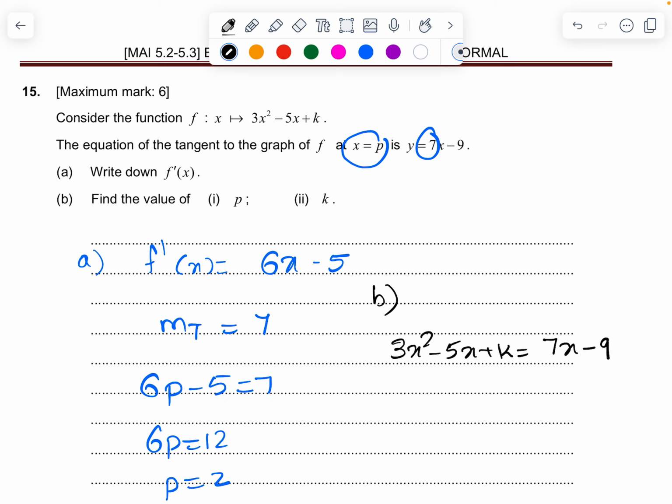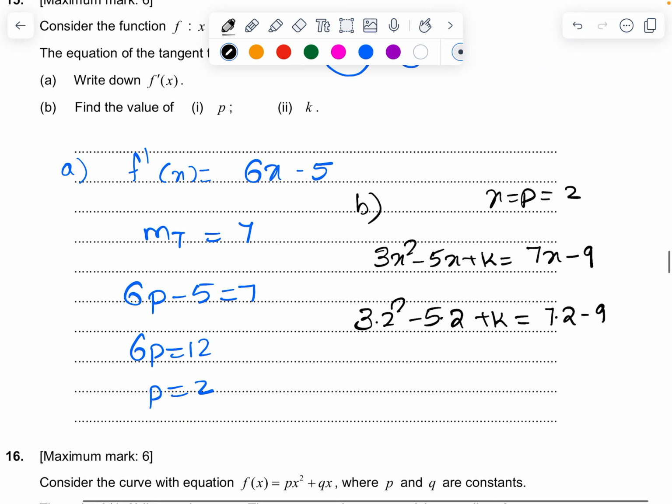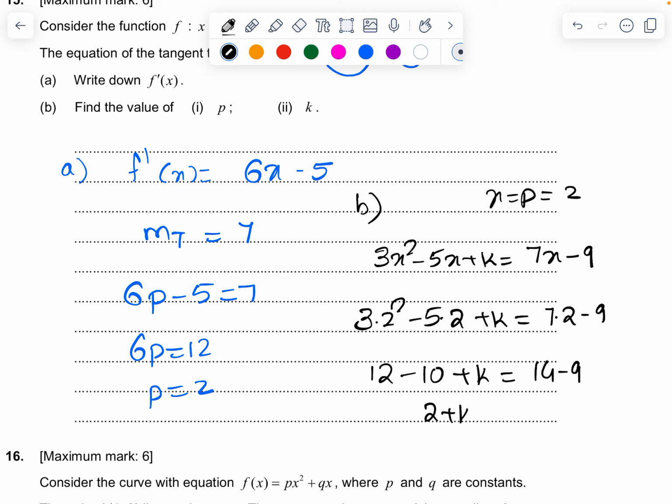At one point what? At x equals p. But what was the p value? 2. So 3 times 2 squared minus 5 times 2 plus k equals 7 times 2 minus 9. So 12 minus 10 plus k equals 14 minus 9. 2 plus k equals 5. k equals 3.